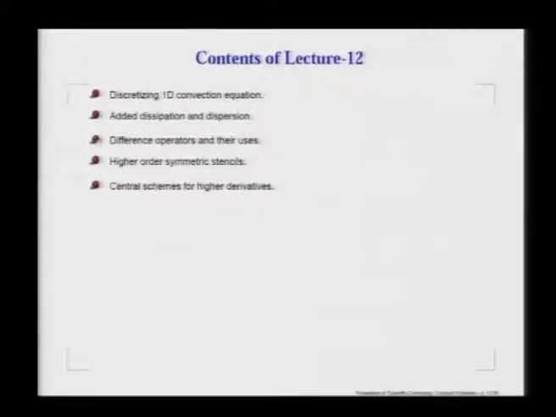This will be followed by our discussion of discretization using operators. This will essentially simplify our expansion methods of differential equations and integral equations, and we will develop a generic method of differencing.